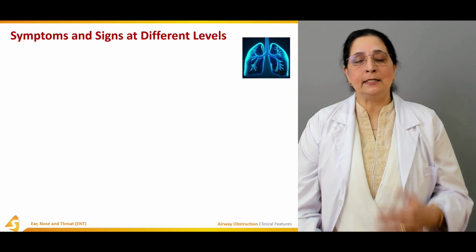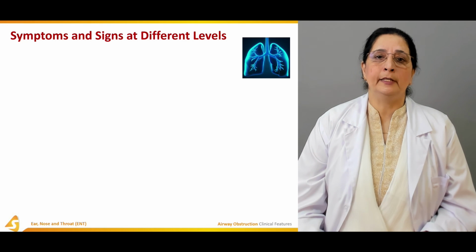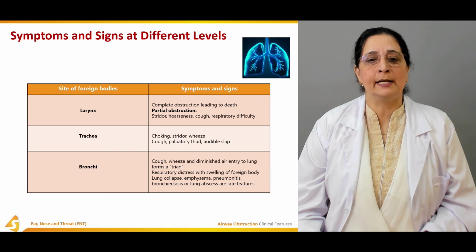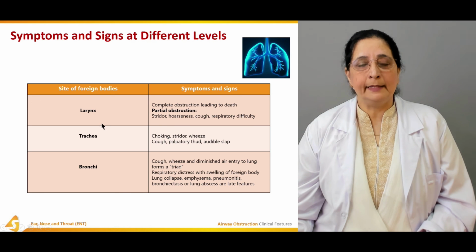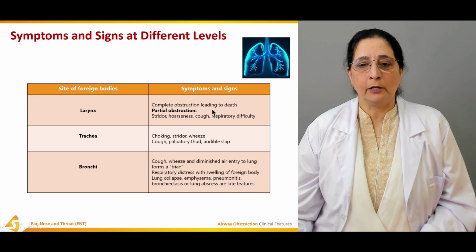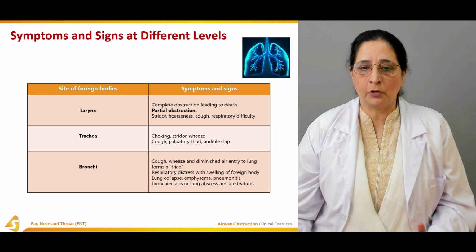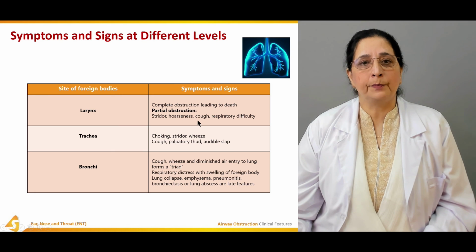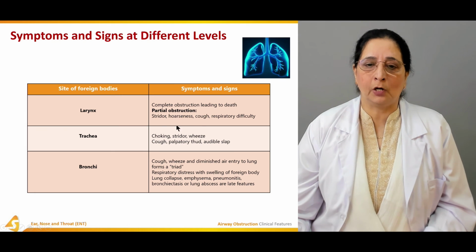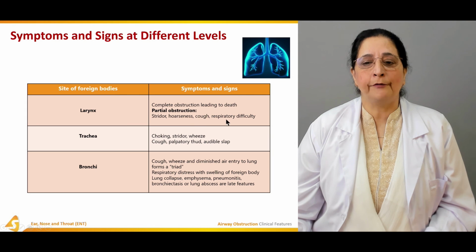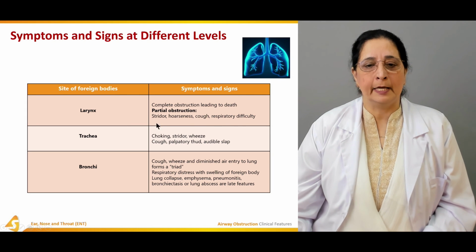Symptoms and signs now which are associated with the foreign body at different levels. In the larynx, there can be complete obstruction, leading to death. We already talked about this. Partial obstruction can cause stridor, hoarseness, cough, respiratory difficulty.